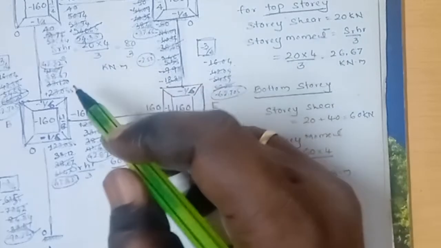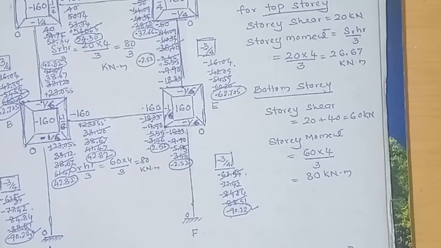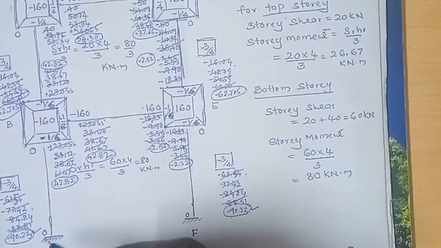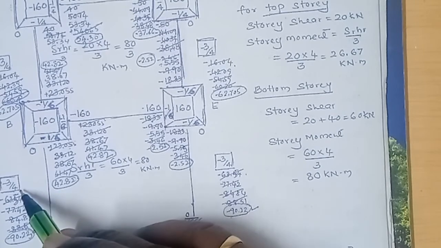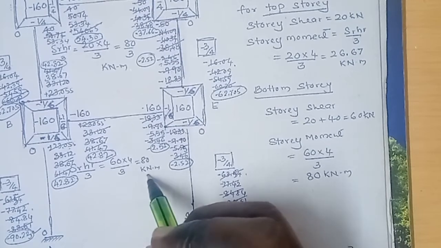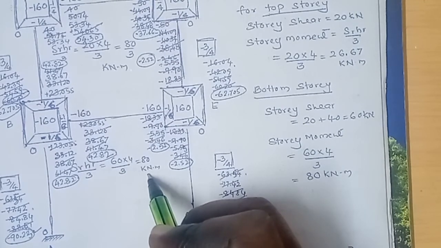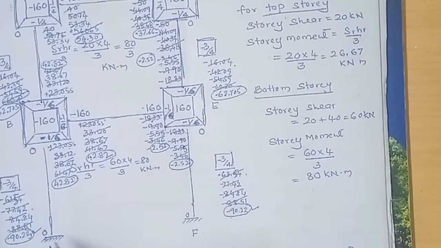Then we have to calculate the displacement contribution for the bottom story vertical members M double dash AB. The displacement factor is minus 3 by 4. The story shear is inside of the bracket, the story moment is 80 plus the contribution from the lower end, that is 0.